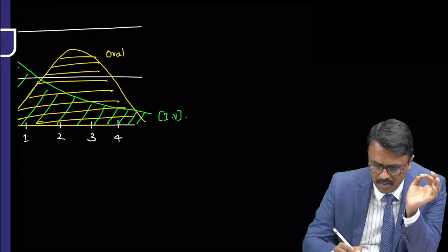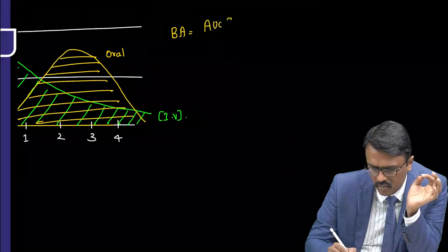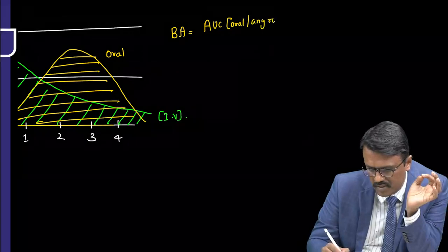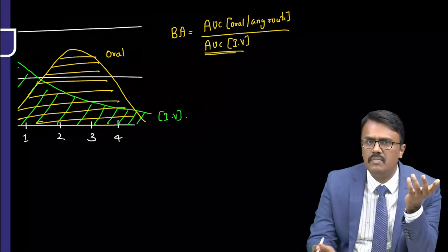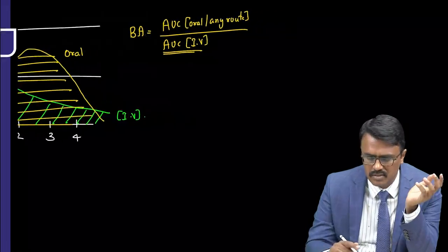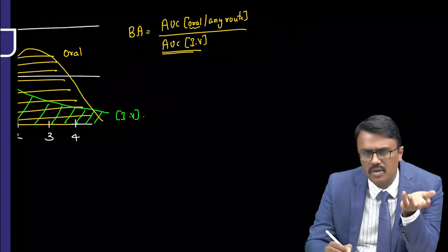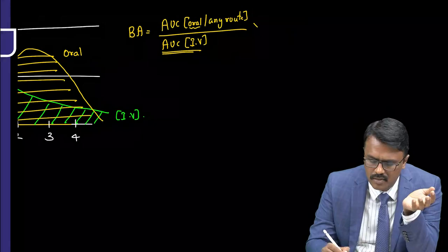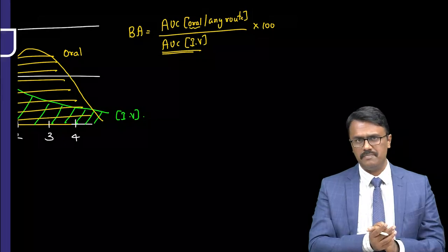Bioavailability is given by the formula: area under curve oral, or any route you can take into consideration, divided by area under curve IV. Why is IV the standard? Because IV has the maximum bioavailability, so it is taken as the standard for everything. Area under curve oral, or any route you take, the rectal route or anything, into 100. That will give us the bioavailability.